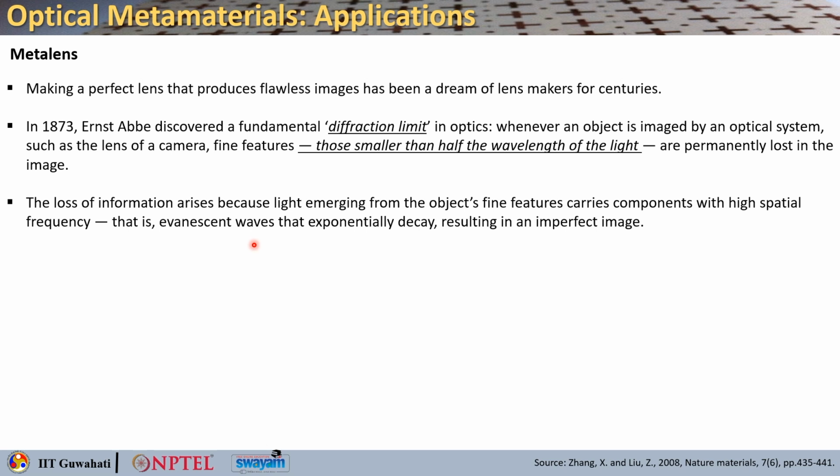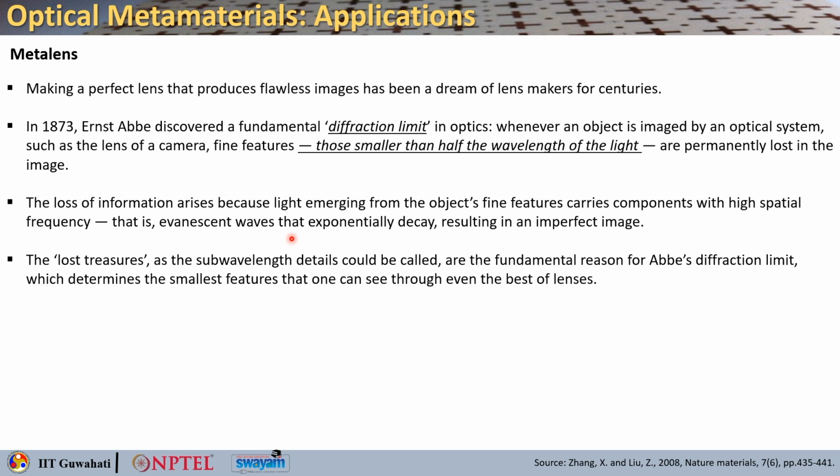So, this loss of information arises from the object's fine features because they carry high spatial frequency, that is, they are evanescent waves, which basically decay exponentially, and that is why you get an imperfect image, because those waves cannot be captured.